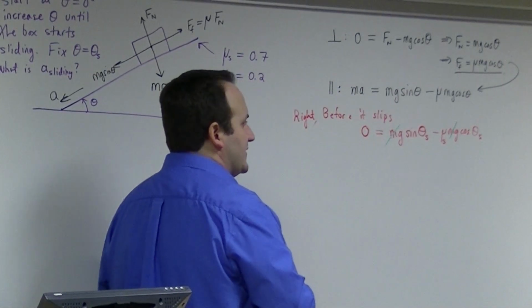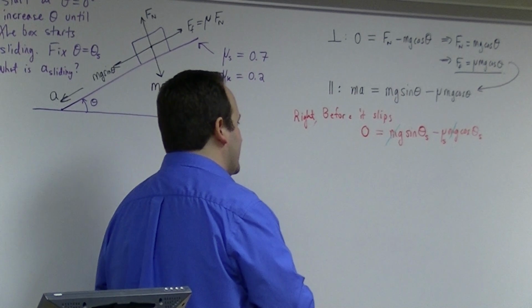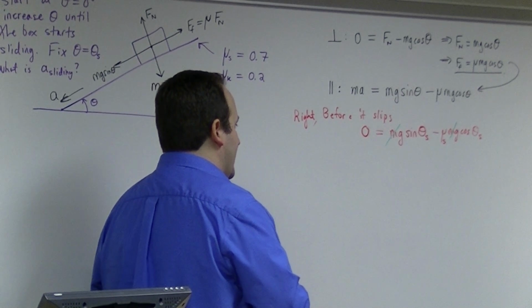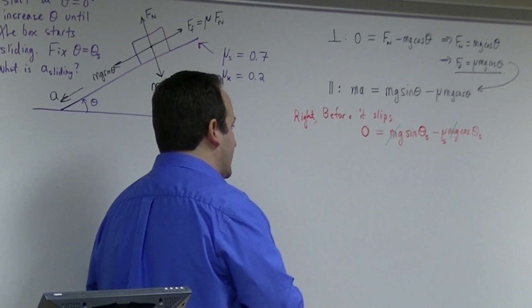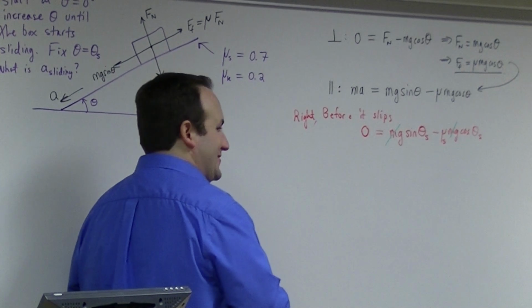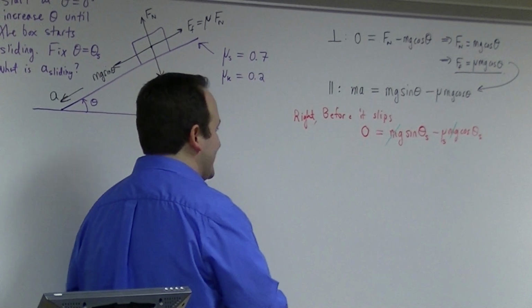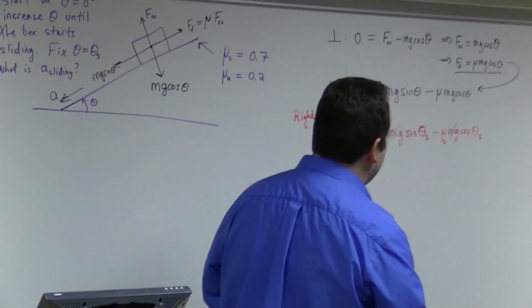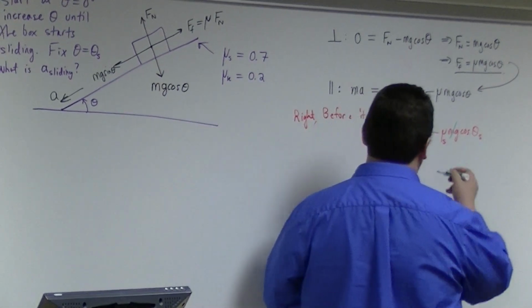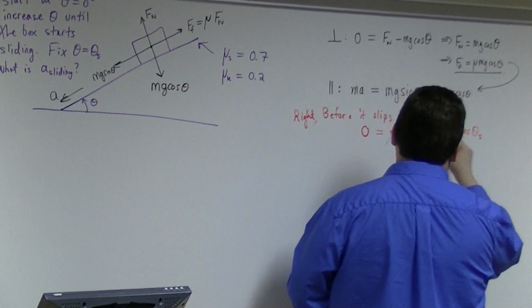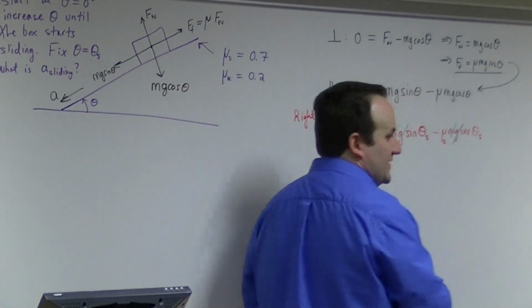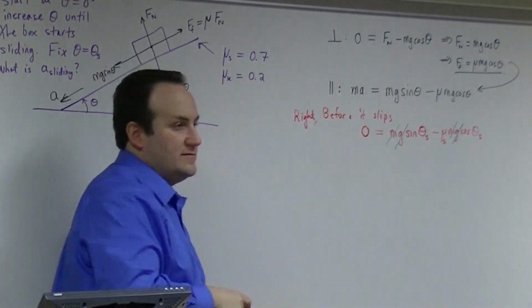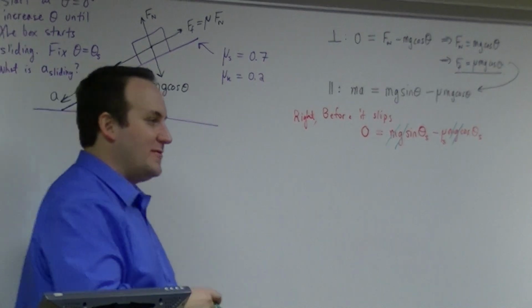I am under the assumption that the mass is not 0. But that seems like a fairly reasonable assumption for classical mechanics. Oh, gravity goes away. G, yeah. Interesting, gravity goes away. I guess this problem would actually be the same if I asked it on the moon. Right? Didn't matter that we're on Earth.